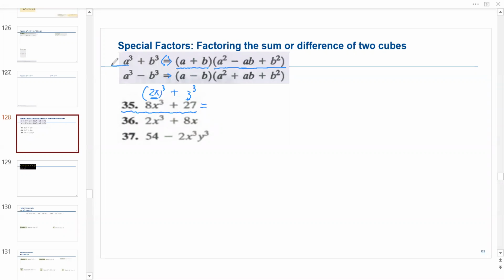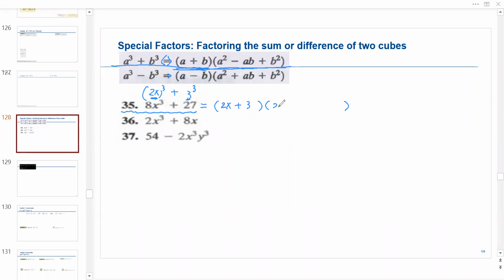You can use this formula to factor the expression. So it can be factored into 2x plus 3, right? Here A equals 2x, B equals 3. So first we factor this part, and for the second part we just replace A with 2x and B with 3, right?